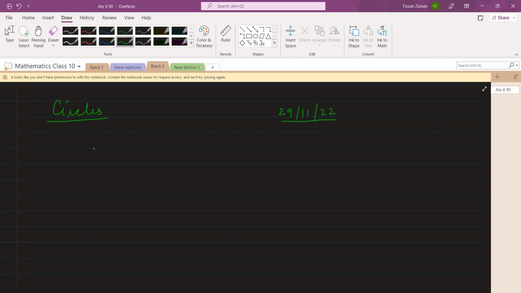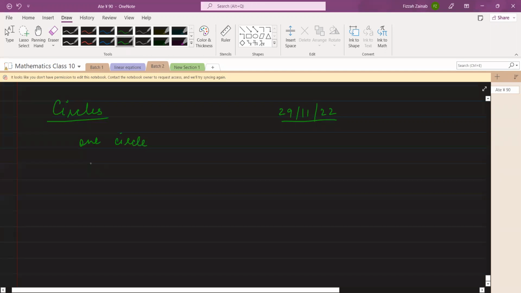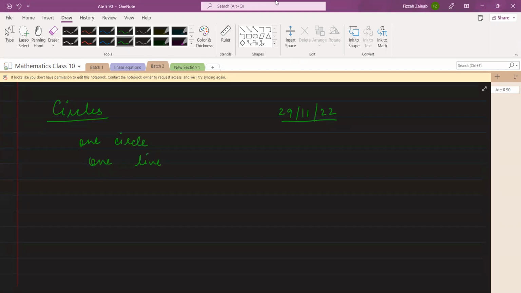Okay, circles. First of all, there are two terms you need to understand about the circle. Before that, let me take three situations, right? I have one circle, and then I have one circle and one line.